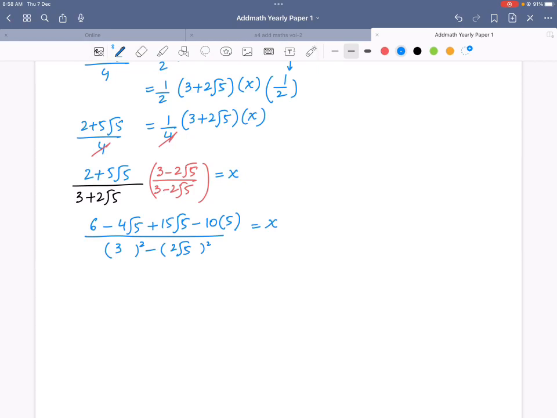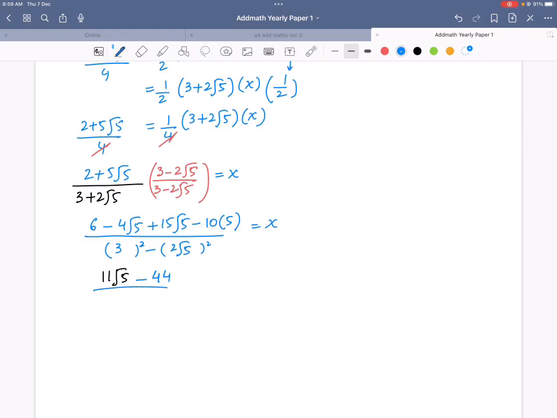Now in the numerator, these two terms can be simplified. So 15 minus 4, it's 11 under root 5, and minus 10 into 5 is minus 50, plus 6. So 6 minus 50 will be minus 44.